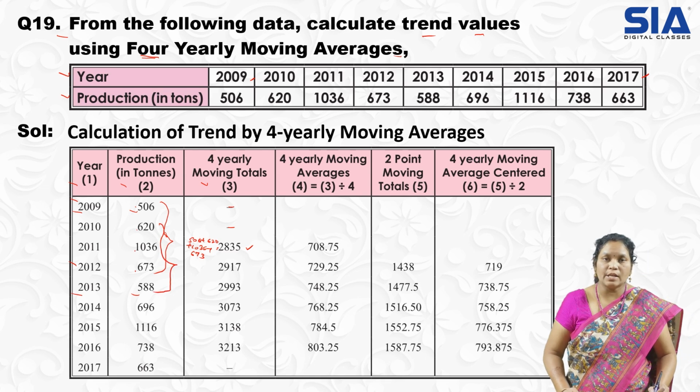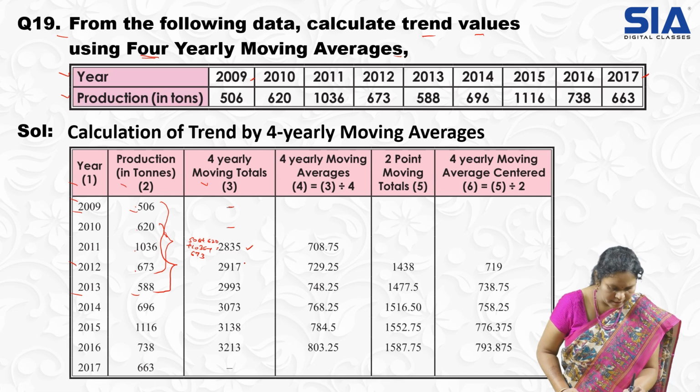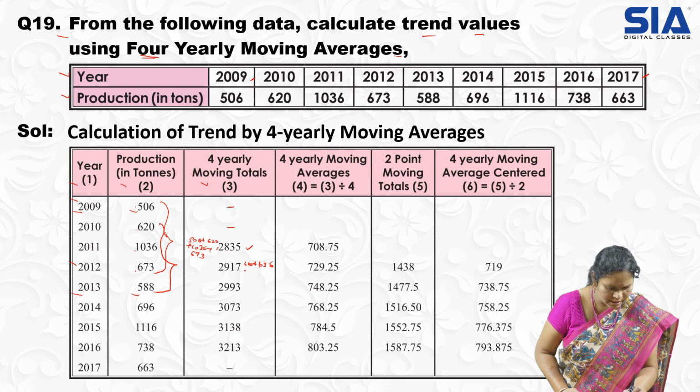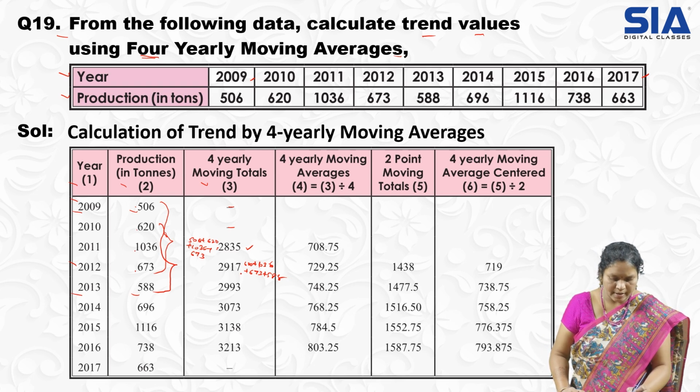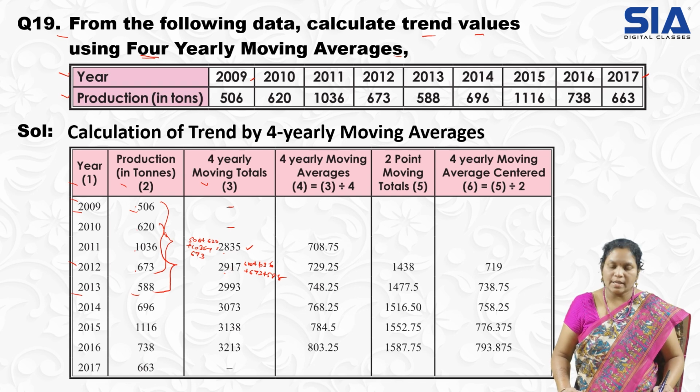Next four values you have to add up: 620 plus 1036 plus 673 plus 588. We write the total under the previous value, and we got 2917.